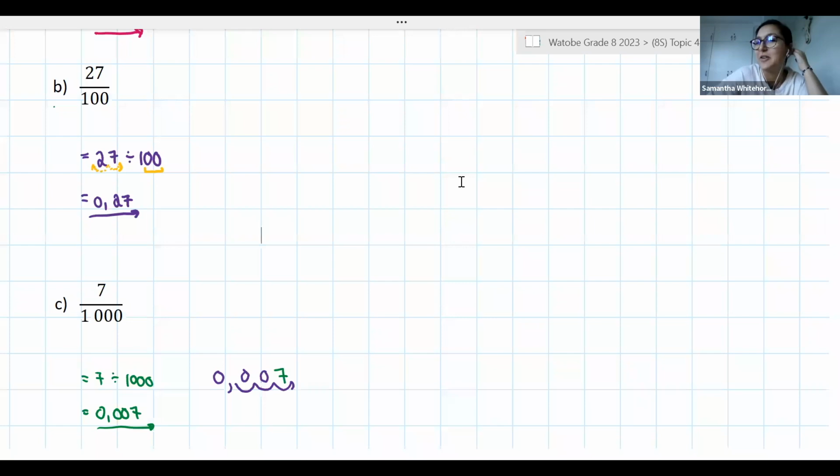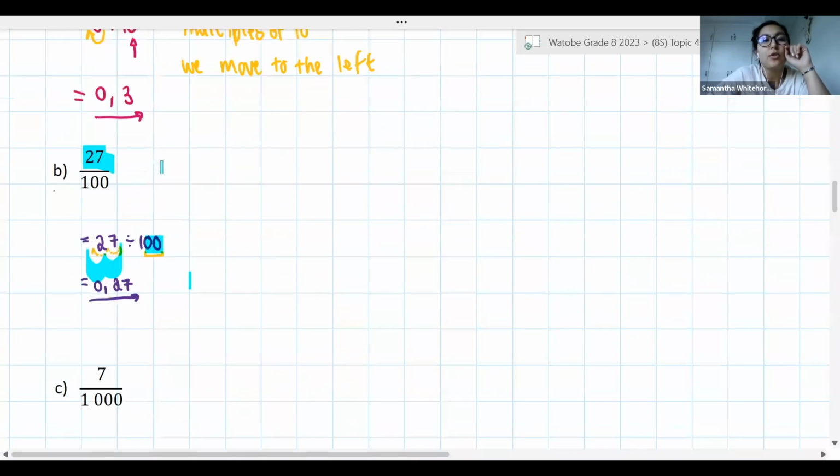No, it actually goes that way. Well, actually, no, let me take that back. It only goes that way if we are working with one number. So you'll see that in question B, that pattern doesn't exist because my numerator had 2 numbers. The number of zeros tells me how many times I need to jump the decimal.